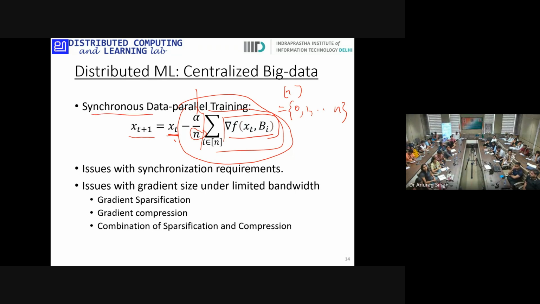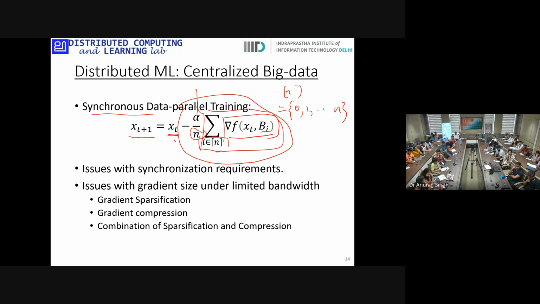Why synchronous? Look, data parallel in the sense that we have these samples, the b subscript i, being computed by multiple machines in parallel. So parallelism is coming in data parallel. Every batch is being processed by one core, either on your laptop maybe, or maybe one node in a supercomputer setting. And then you are summing them up together.